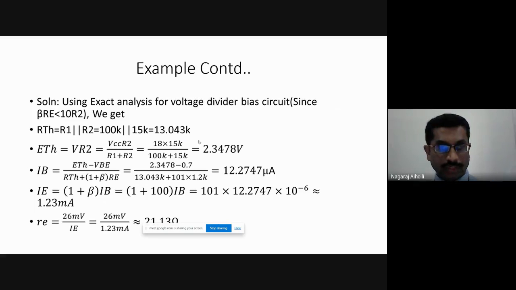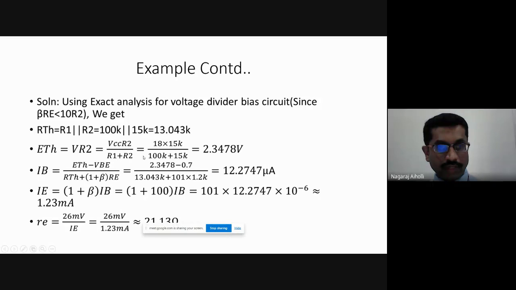Fine. Next, ETH is given by VR2, that is the voltage across resistance R2, using the voltage divider rule: VCC into R2 divided by R1 plus R2. VCC is 18 volts, R2 is 15K, R1 is 100K.